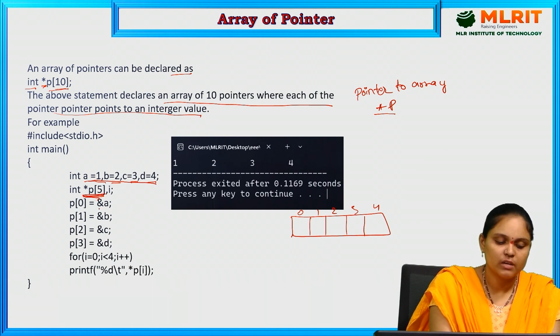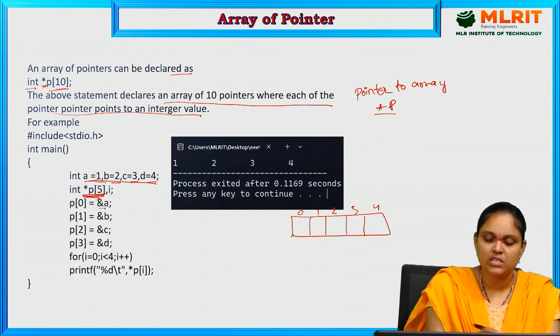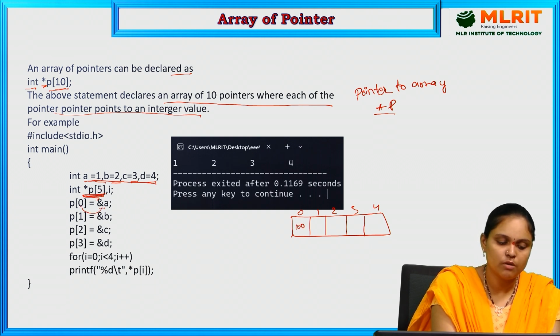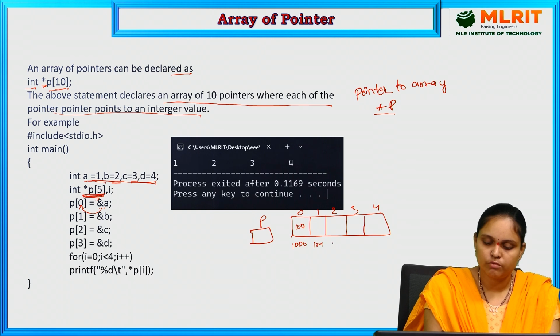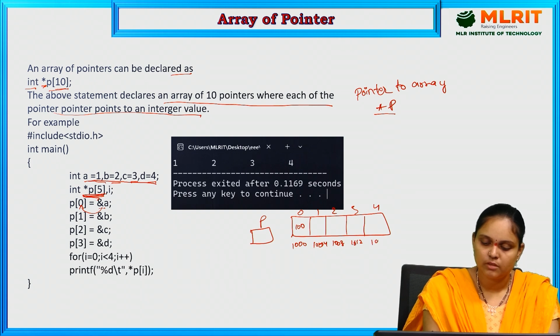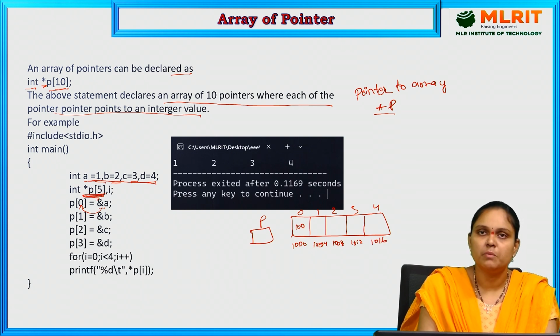In this we have given address of A. So consider the A address is 100. The 100 value is stored in P of 0. So consider 1000, 1004, 1008, 1012, 1016 are the memory addresses of each pointer variable.